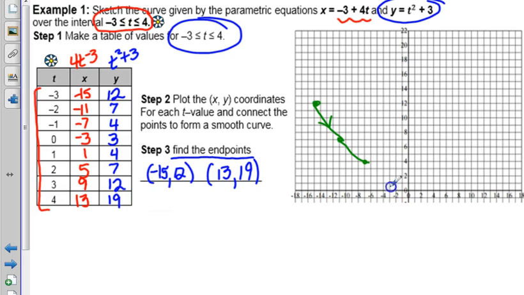Negative 3, 3. Positive 1, 4. Over to 5, 7. Nine, 12.